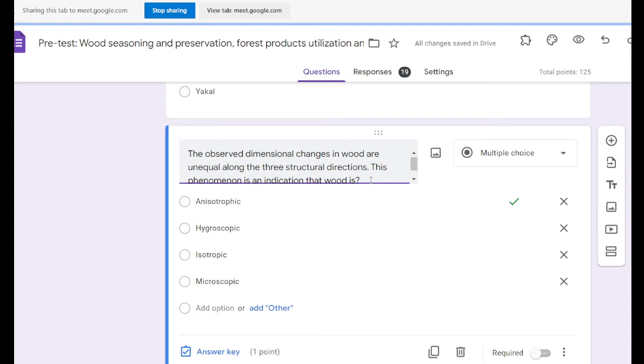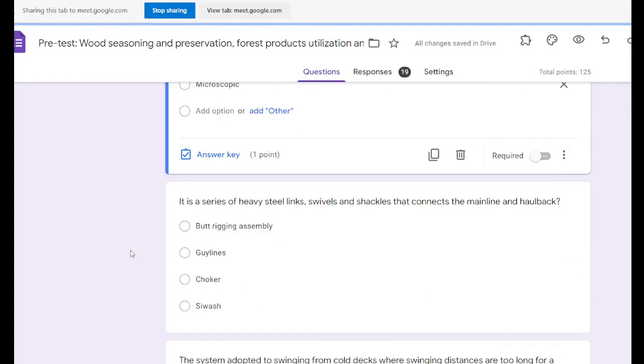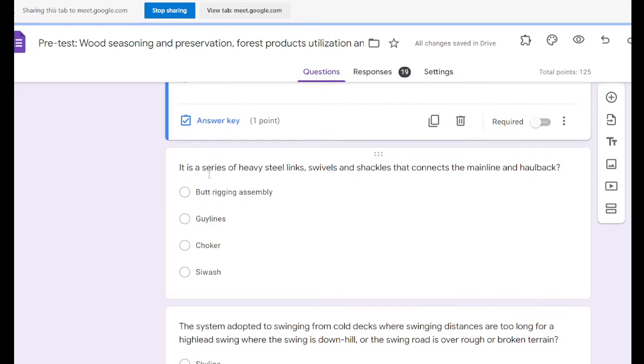So for example, shrinkage. The longitudinal shrinkage of wood is different from the radial to the tangential shrinkage. So that's anisotropy.